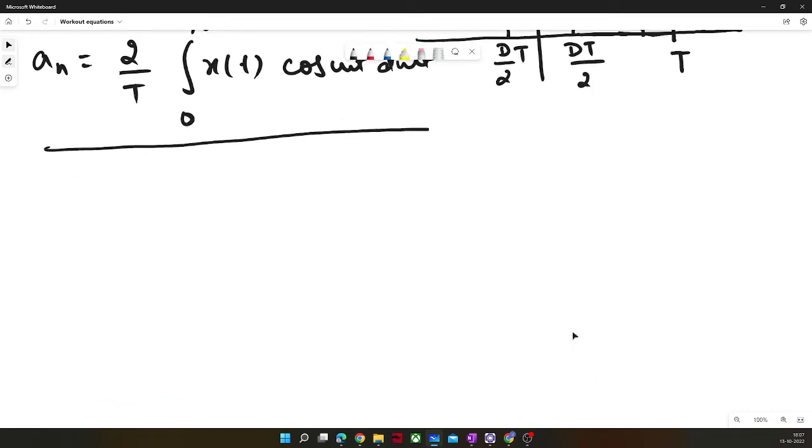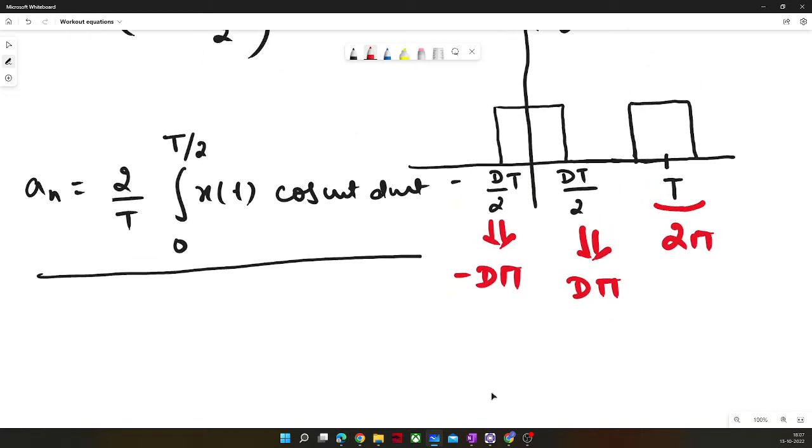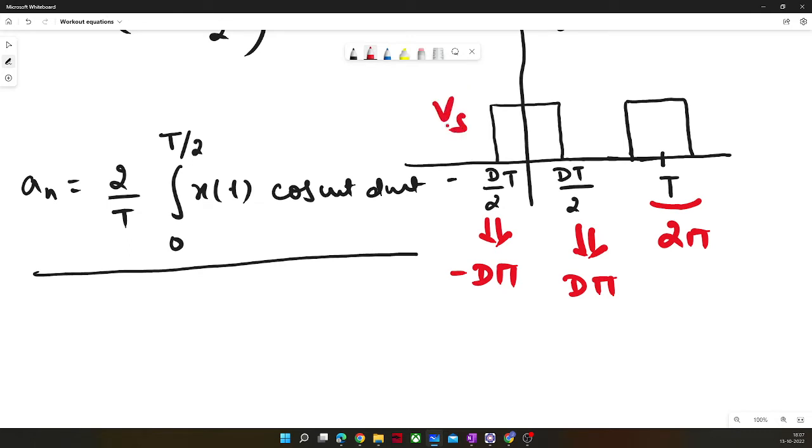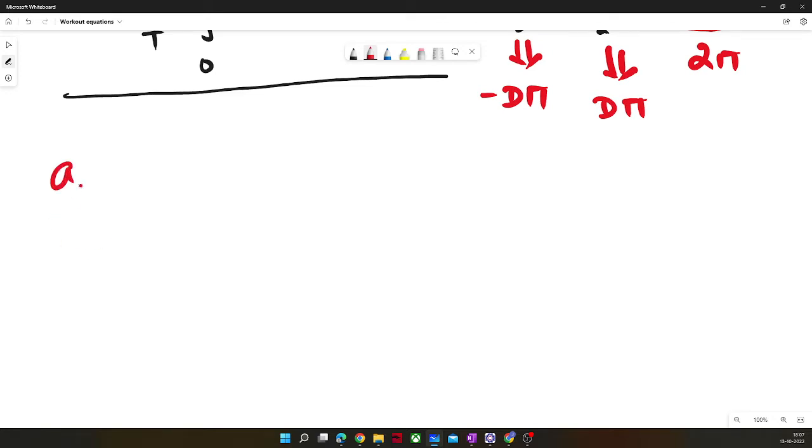So I will write in terms of angle. Generally the time period is related to 2 pi, so I will identify it as 2 pi. And if it is 2 pi, then DT by 2 would become what? D pi, right? And this will become minus D pi, right? So it would be in that manner. And this value was Vs, right? Now I will write again in terms of An.